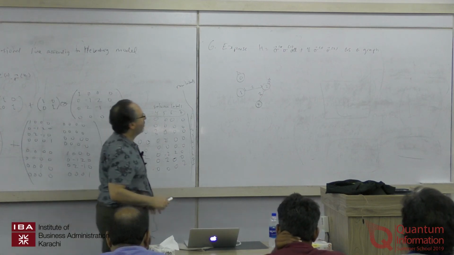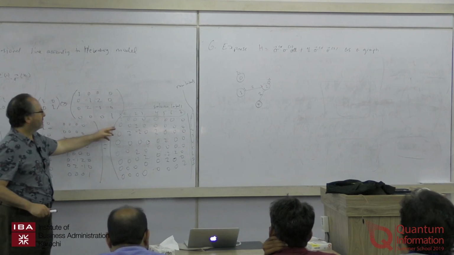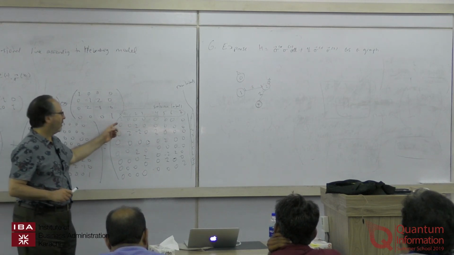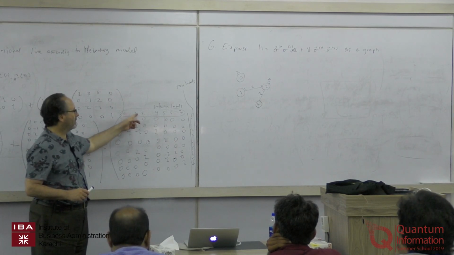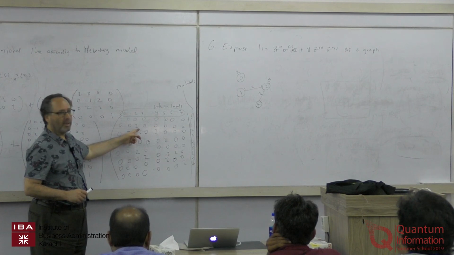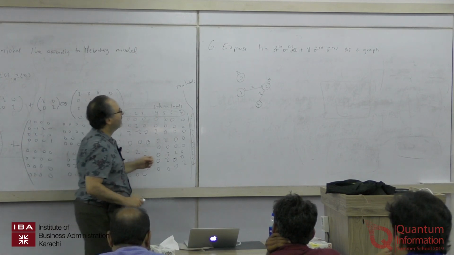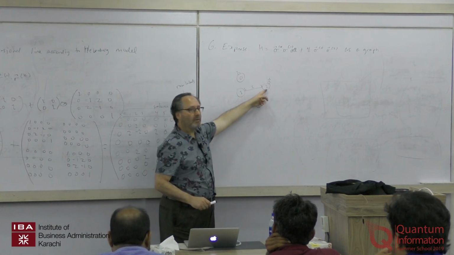Okay. Now we go to row 1. So remember, the row 1 is here. Then we ask the question, and we go in the obvious order, where is the first non-zero entry? The first non-zero entry is in column 2. It's the only non-zero entry. So I draw an edge to column 2. Got it?